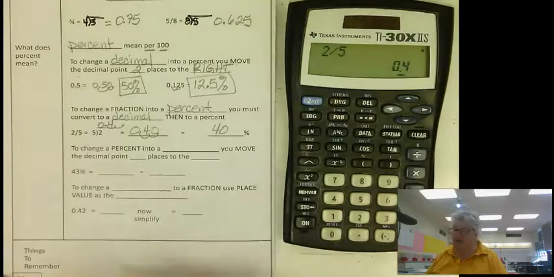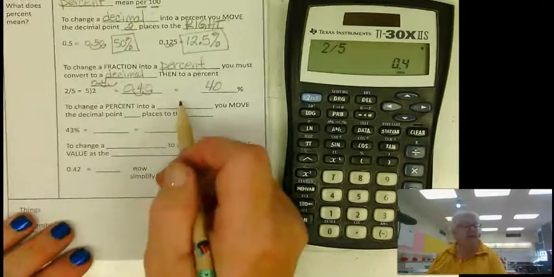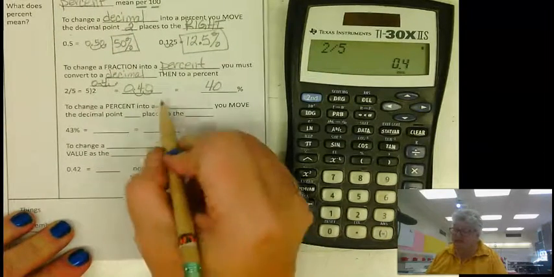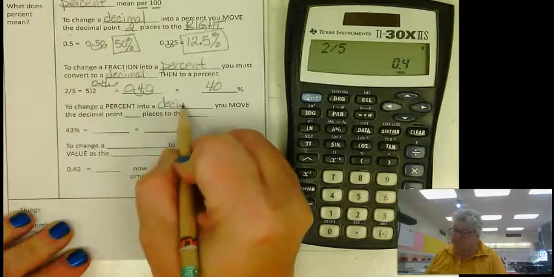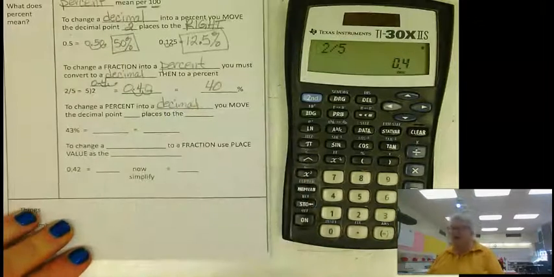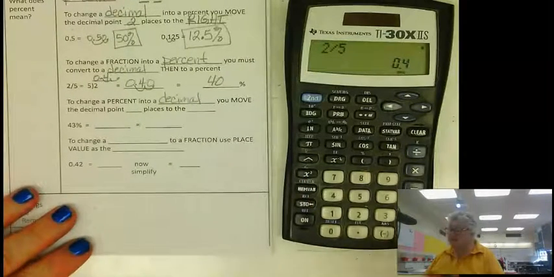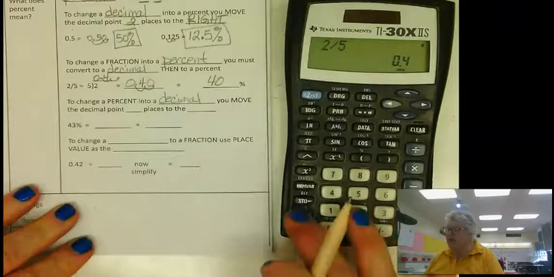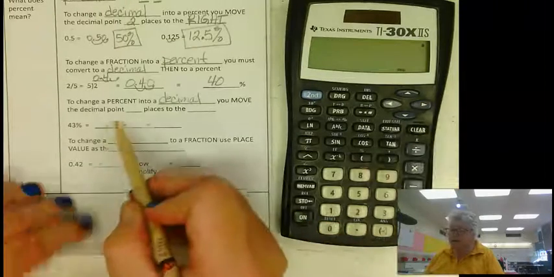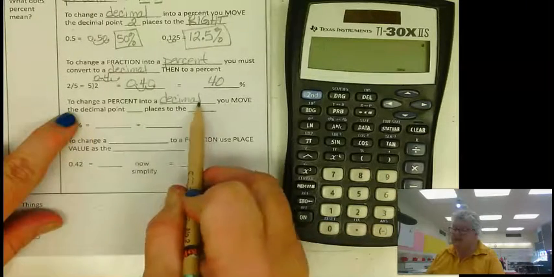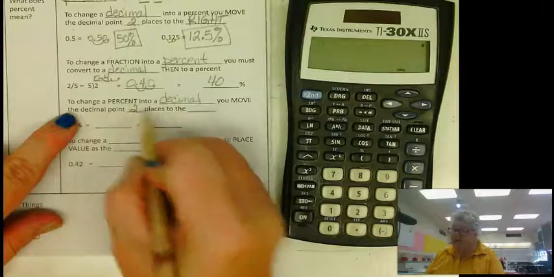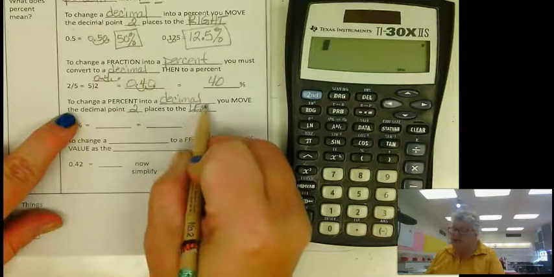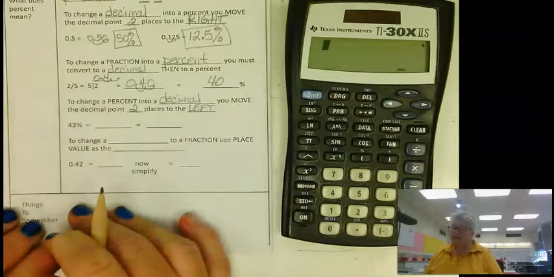Now, here we go. Let's change a percent into a decimal. Again, you guys are going to be like, it's got to be harder than this, Miss Sissel, because it's math. It's not. Okay? So we're going to clear. To change the percent into a decimal, you move the decimal point 2 places to the left. Yes, now we have a Beyonce song.